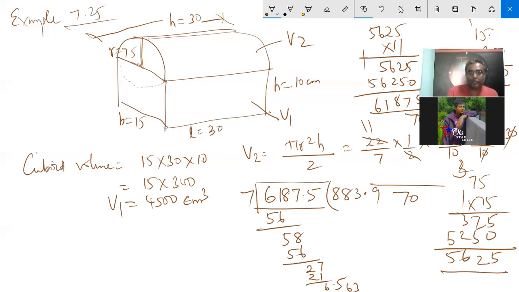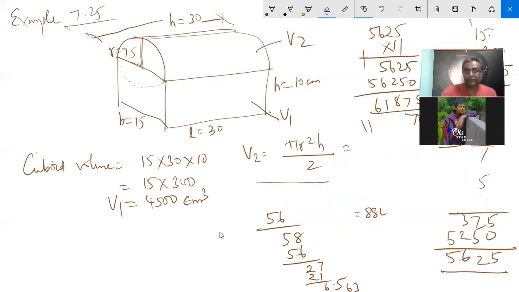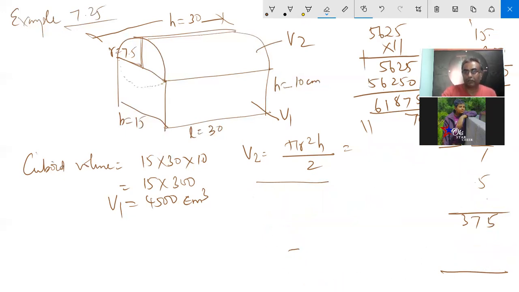So approximately 884 it becomes. Something is wrong with the calculation. Let me redo the calculation again.